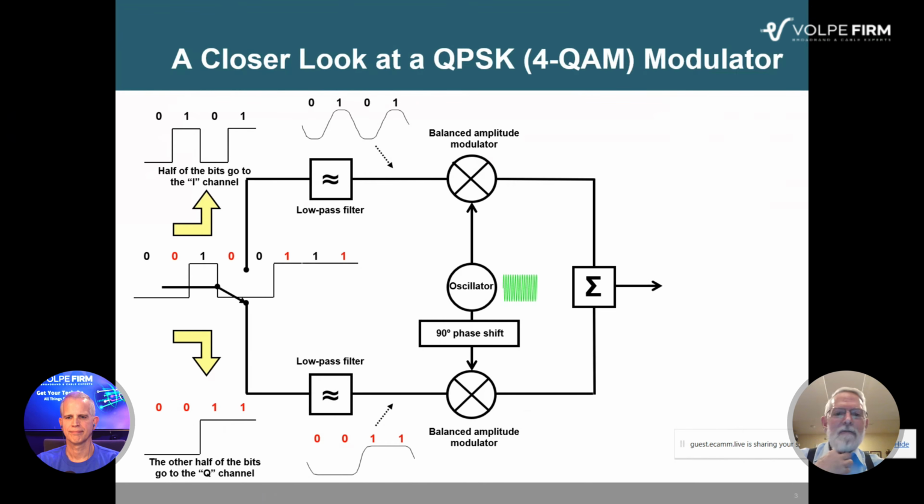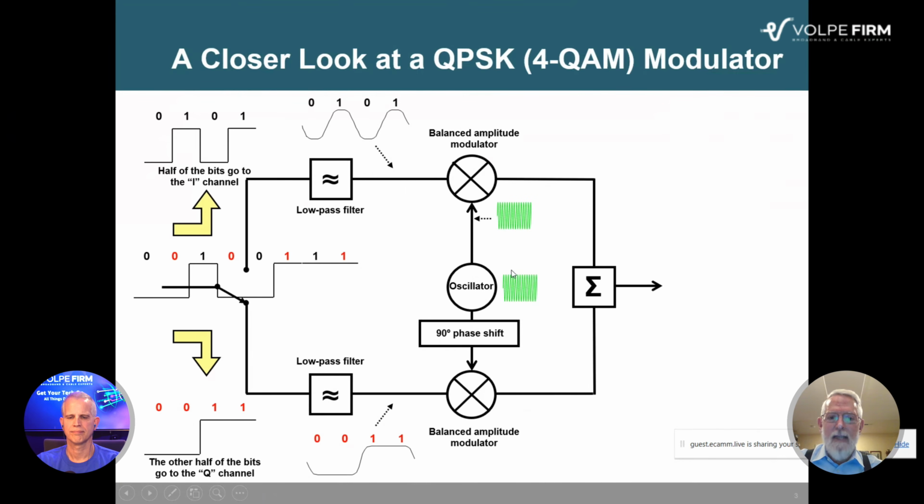Now, what you see in the center here is an oscillator. This thing just generates a CW carrier. That's it. It's at the center frequency of the QAM channel. And so I've got this little sine wave right there, and the oscillator has two outputs. Now, it could go to a splitter and from one oscillator, but I just show two outputs on this. So at the first output, it's just the CW carrier as generated.